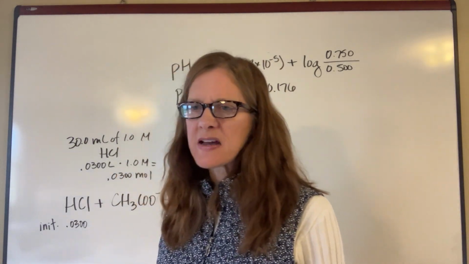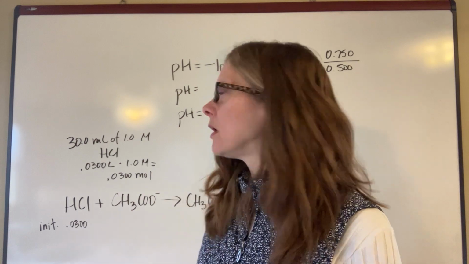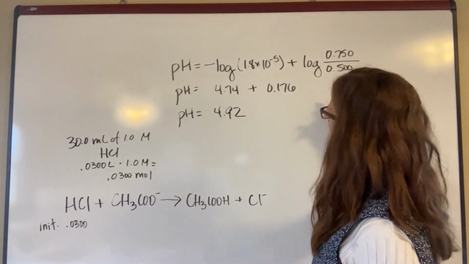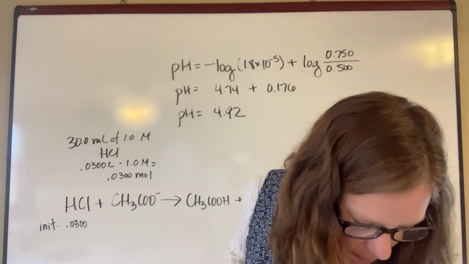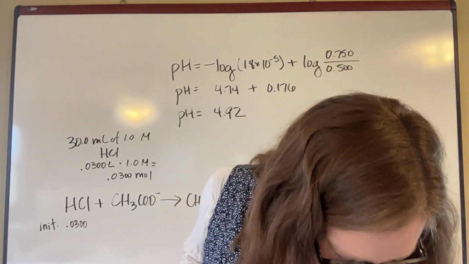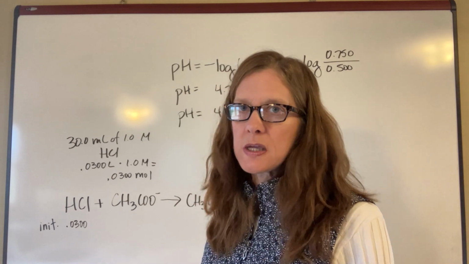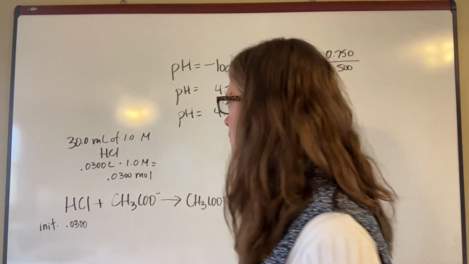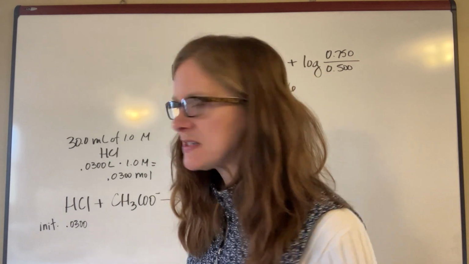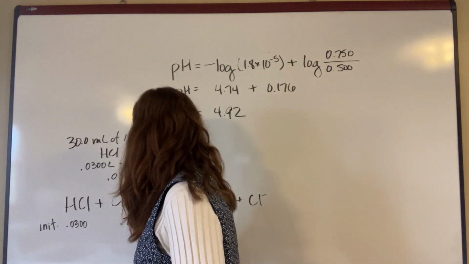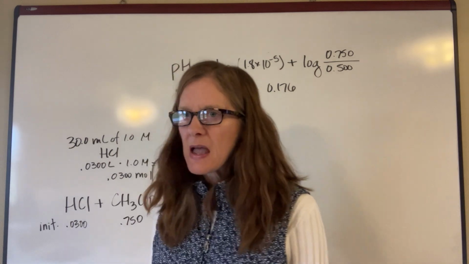How many moles of acetate ion do I have? Well, I knew that my concentration of that was 0.750 molar, but he was also very nice to us, and he told us that we had 1 liter of solution. So since we have 1 liter of solution, the molarity and the number of moles are the same. So that means this is going to be 0.750 moles.